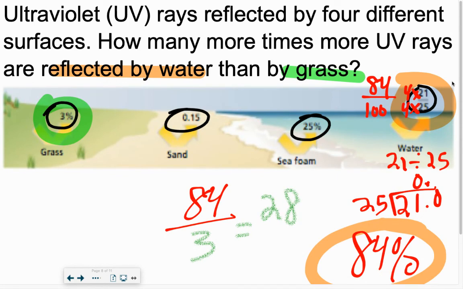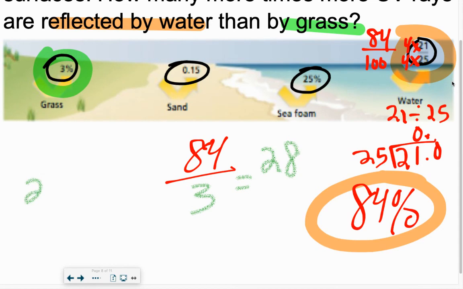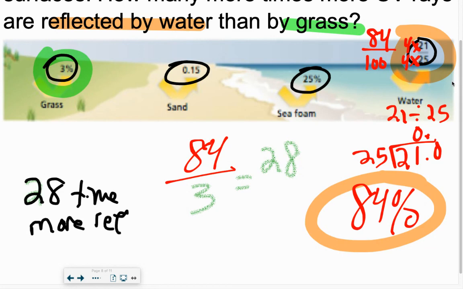So when you're wondering why the sun seems so much brighter, perhaps by water, or you're squinting, or we talk about UV rays, they reflect 28 times more. To answer the question, 28 times more reflective than grass. That's why it's so much brighter there.